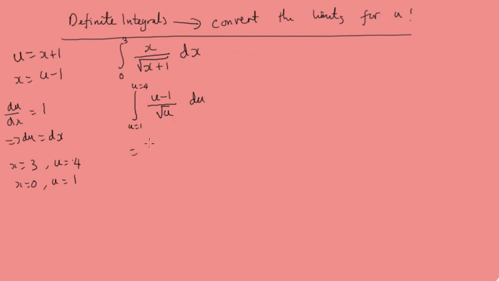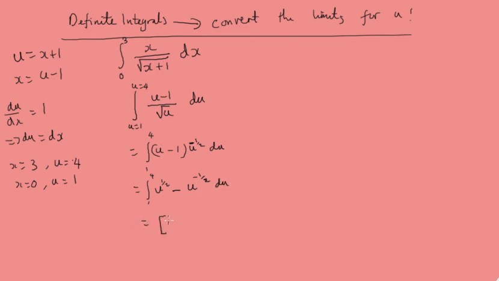And we can tidy this up a bit more. So between 1 and 4 of u minus 1, u to the minus half, du. So we'll expand this out, which will give us 1 to 4 of u to the half minus u to the minus half, du.